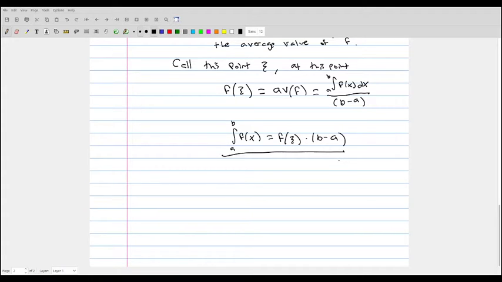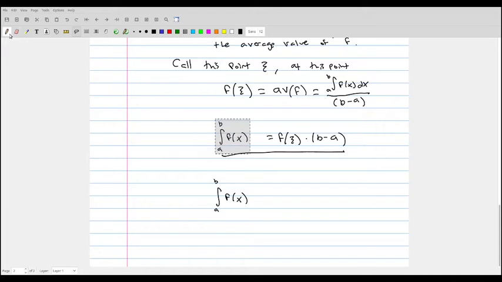the mean value theorem. And so what that means then is that we can actually always bound the integral from a to b. So if this is equal to at some point the definite integral of the function, and we need a dx there as well to be consistent with our integral notation.